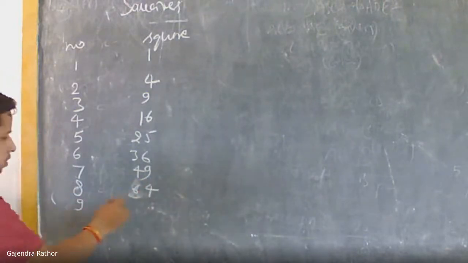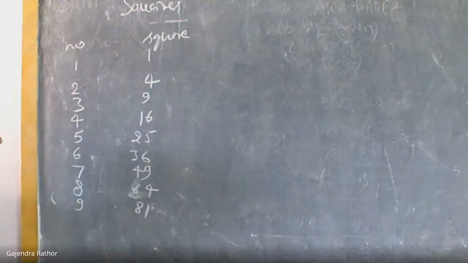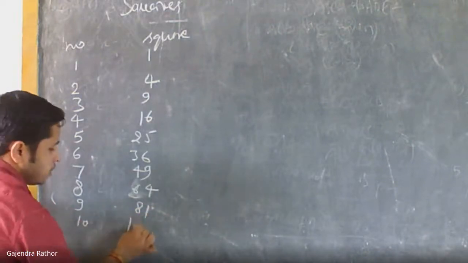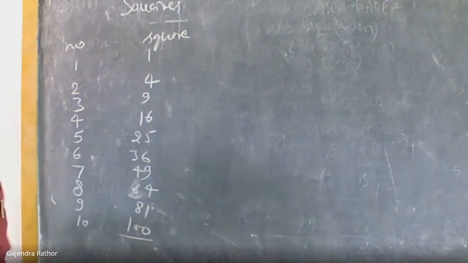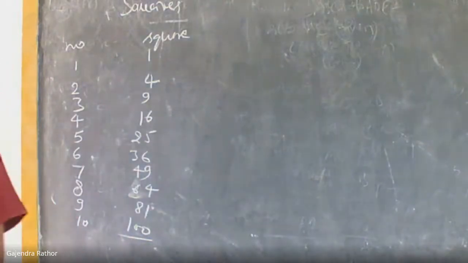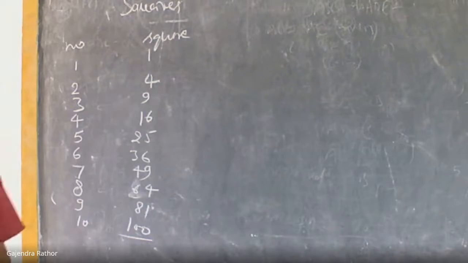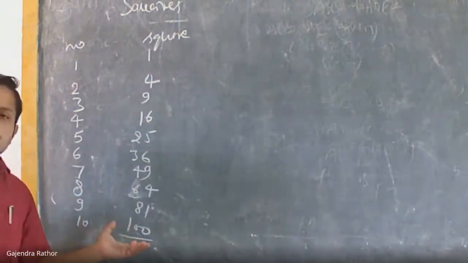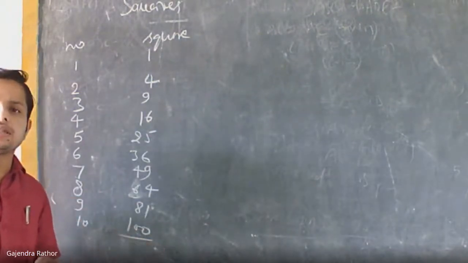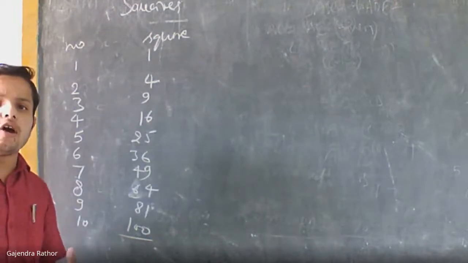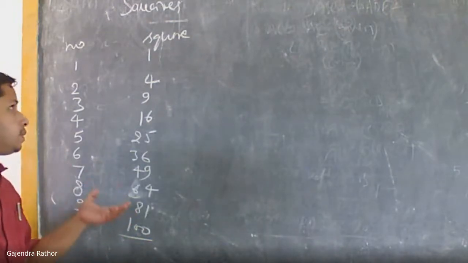Next is 9. 9 squared is 81. Next is 10. The square of 10 is 100. So based on this, we will discuss some interesting properties of square numbers.